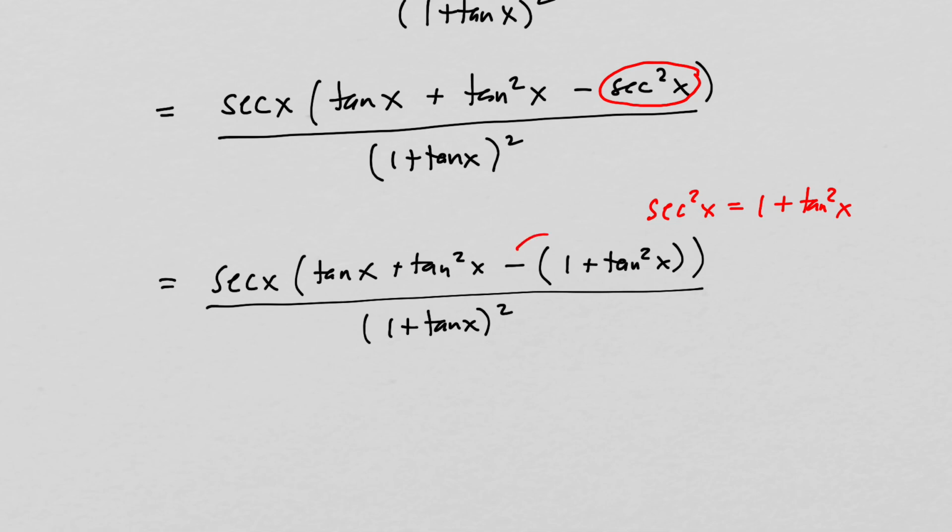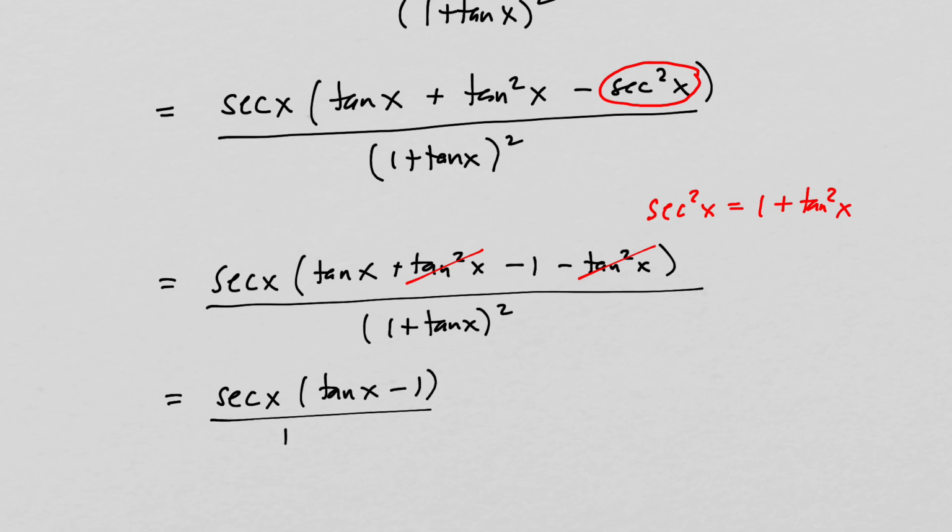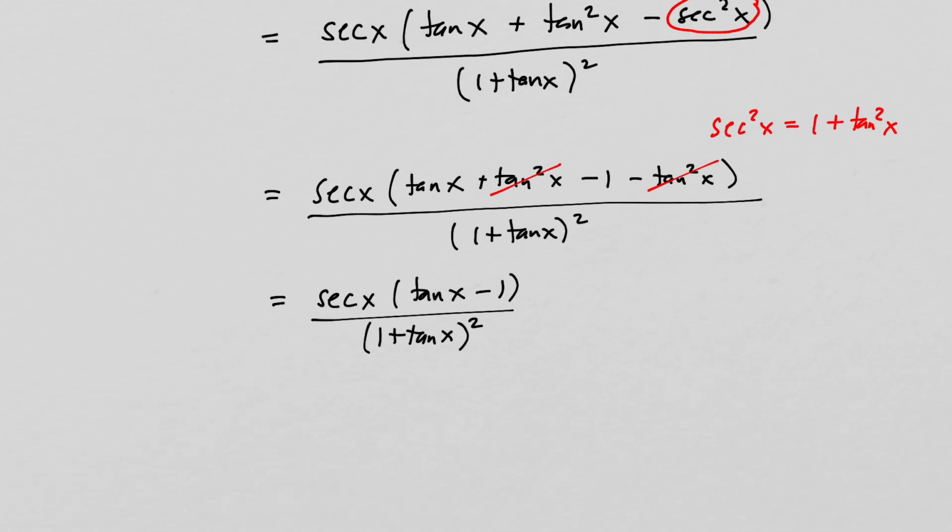And then when I distribute the negative here, I want you to notice that this becomes a negative 1, and this becomes a negative tangent squared. Once we do that step, we can see that positive tangent squared and negative tangent squared cancel each other out. And so we end up getting secant of x times tangent of x minus 1 divided by 1 plus tangent of x quantity squared. So this is our derivative.